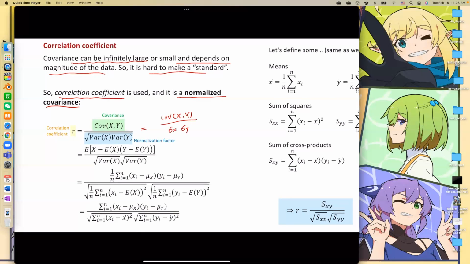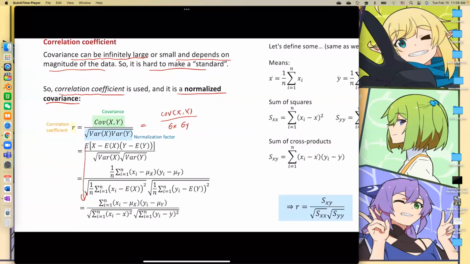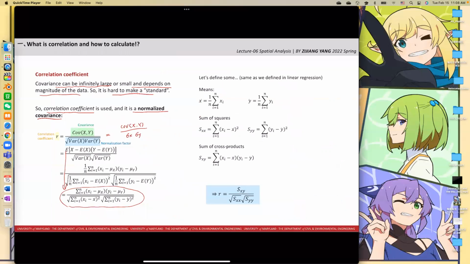Then we can do some mathematical derivations, which are not the focus of this class. I show this just for the sake of integrity. Finally, we can get this equation. As we remember from linear regression, we have defined X bar and Y bar. Again, I think this is a display issue.